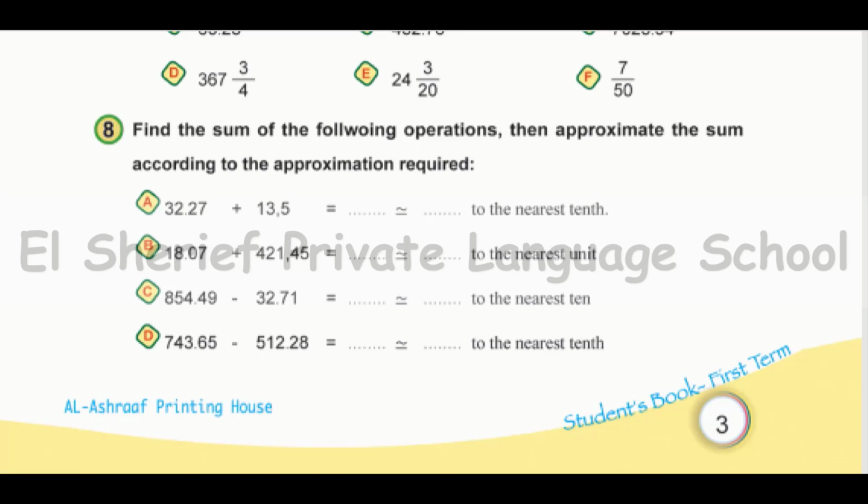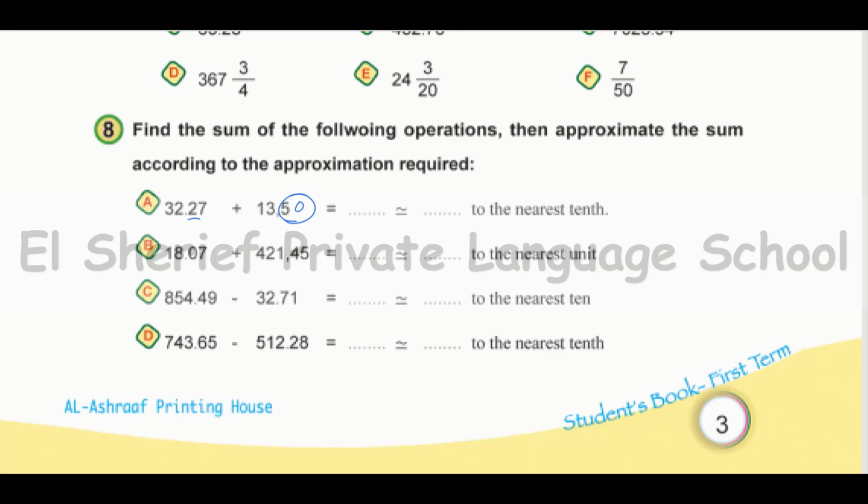We count. Here we have 2 digits in decimal, but here we have only 1 digit. So what we will do, we put 0 in the hundredths place. So now we have 2 digits in decimal, and here we have 2 digits in decimal.